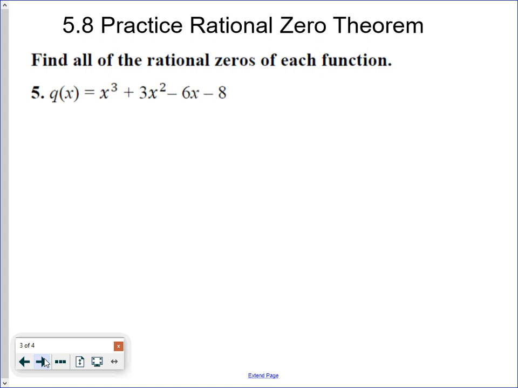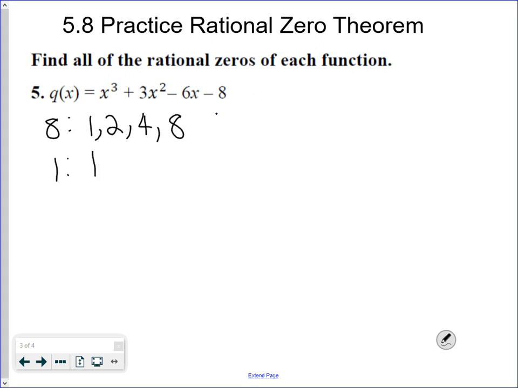Okay, so now we're going to actually find all these rational zeros. So not just all the possible ones, but which ones actually work in the functions. Let's take a look at number 5 first. For possible rational zeros, let's start off with listing factors of 8. Factors of 8 include 1, 2, 4, and 8. And then factors of 1 is just 1.